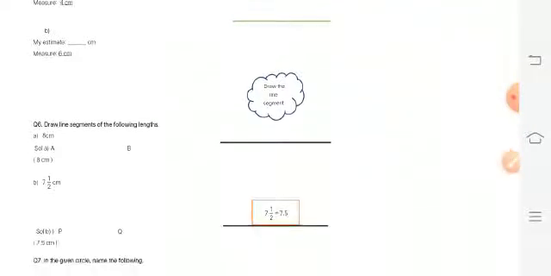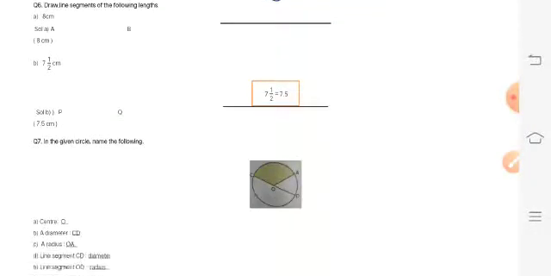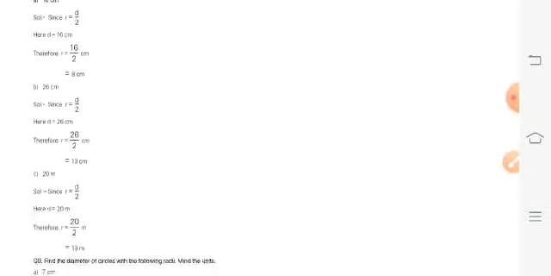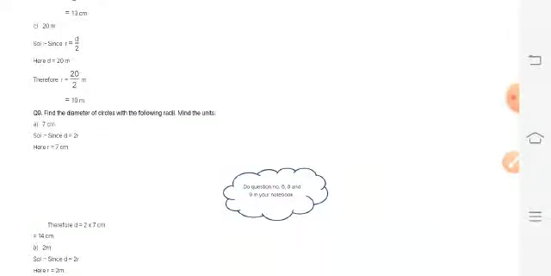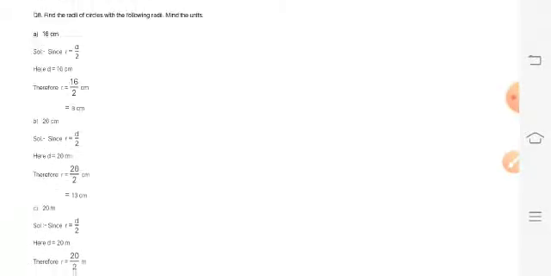Then we have the next question: draw line segments of the following lengths. Questions 6, 8 and 9 are to be done on your notebook, on your fair copy. You will mention today's date, put the heading mixed bag, and write questions 6, 8 and 9 in your fair notebook.